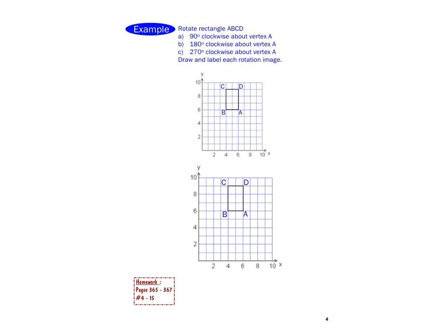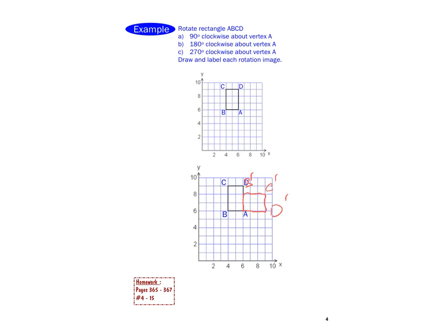So if we're going to draw this for the 90-degree clockwise about vertex A, what it's going to look like is it's going to look like this. B will be above A now by 2. So there's our B prime, our C prime, and our D prime. So that's the 90-degree clockwise rotation about A.